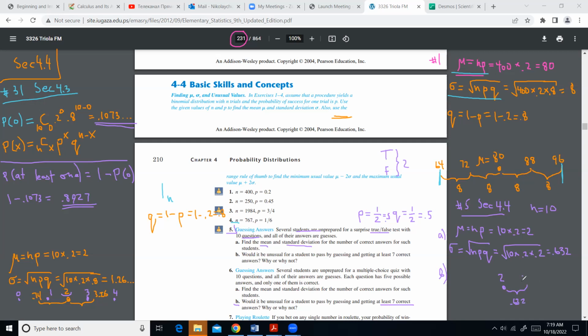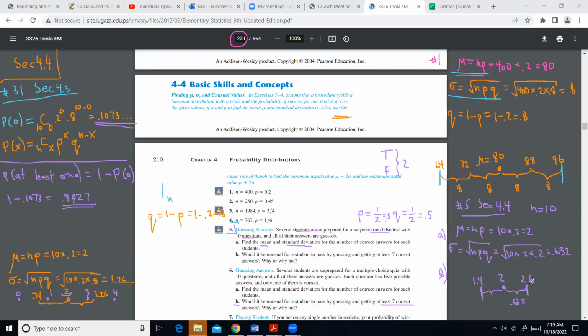Notice that it'll be approximately 2.6 in one direction, and in the other direction about 1.4. So that's the ballpark that we expect. The person will guess somewhere between 1 and 3, roughly speaking, right?